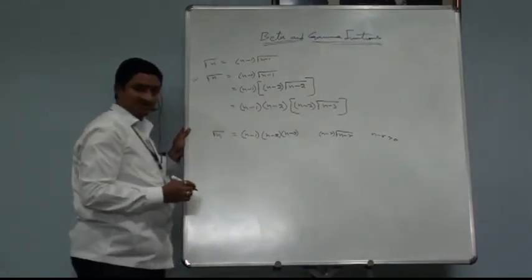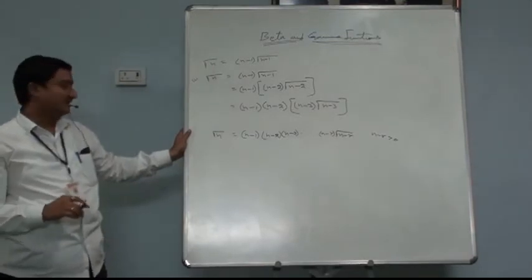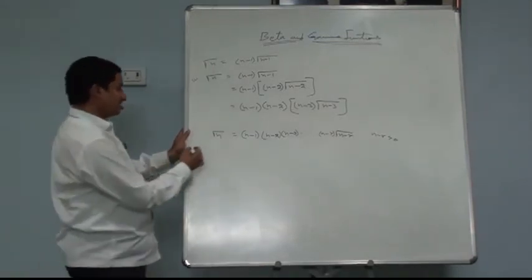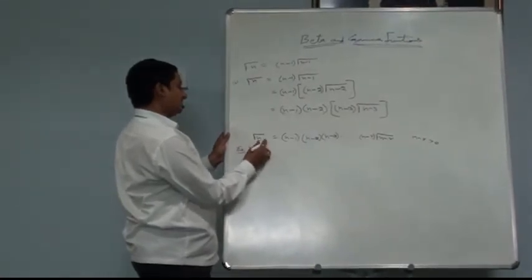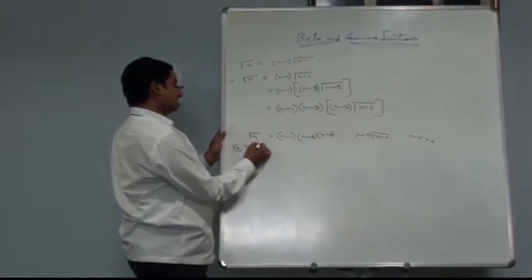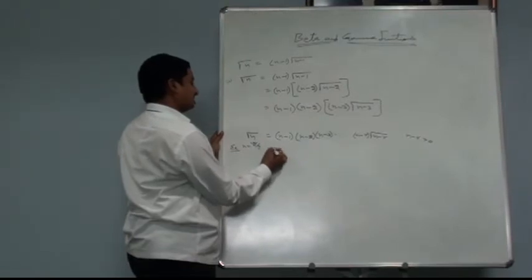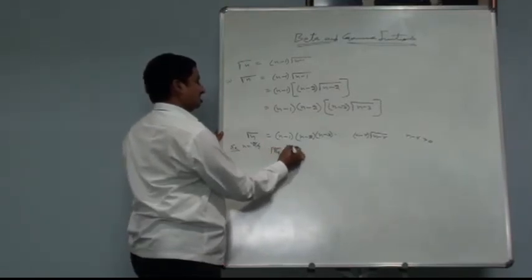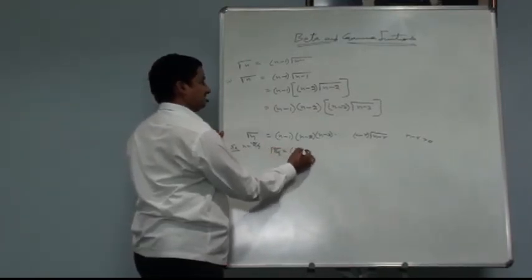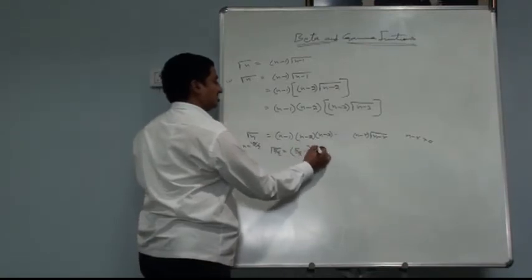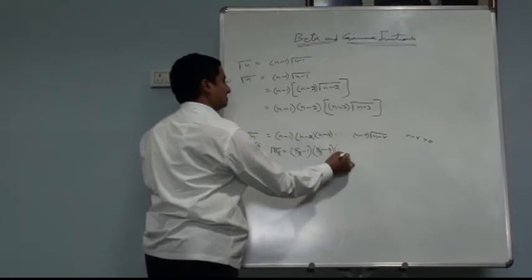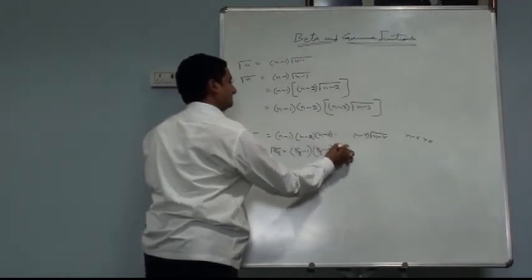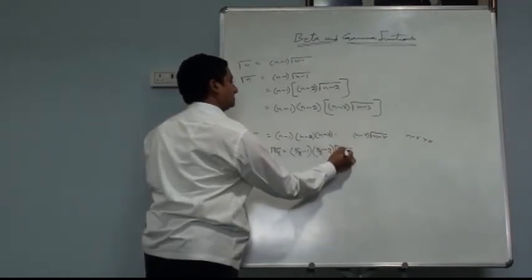If you want to find the gamma of any fraction, I'll give an example. If you take n equal to 5 by 2, gamma 5 by 2 is equal to (5 by 2 minus 1) into (5 by 2 minus 2) into gamma of (5 by 2 minus 2).